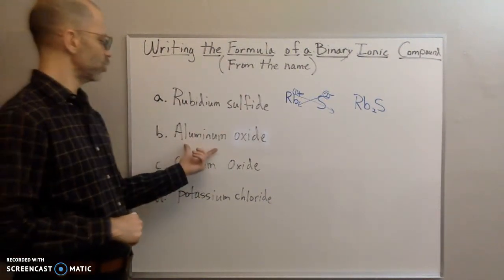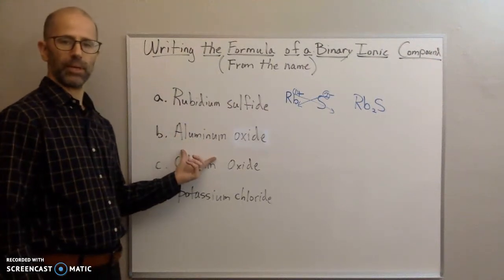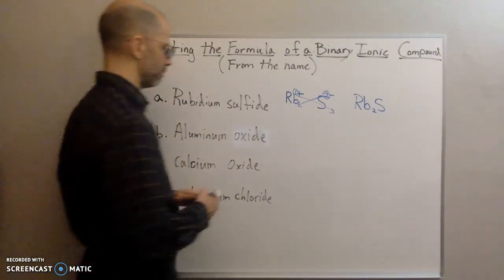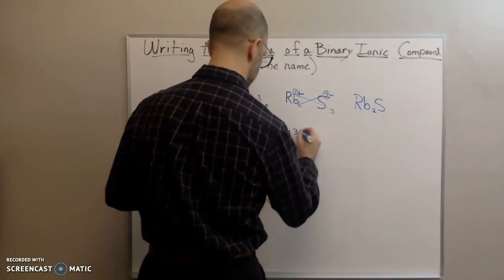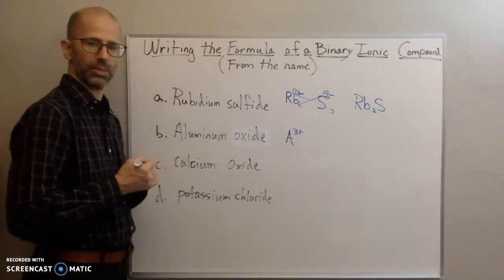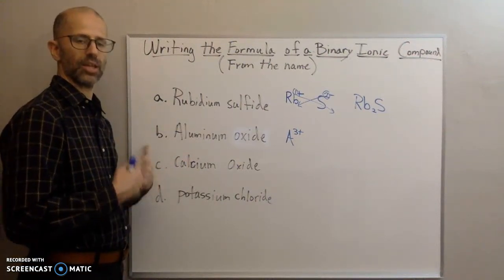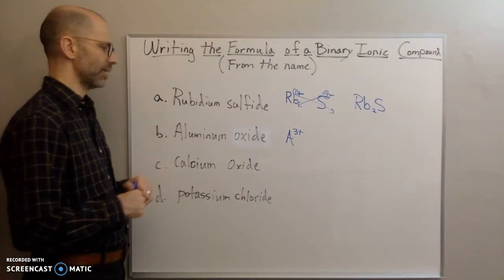So here we have aluminum oxide. Aluminum, you look that up on your periodic table, and it's in group 3. So that means that aluminum will have a 3+ charge, because for the positive ions, the group number will be the same as the charge on the ion.